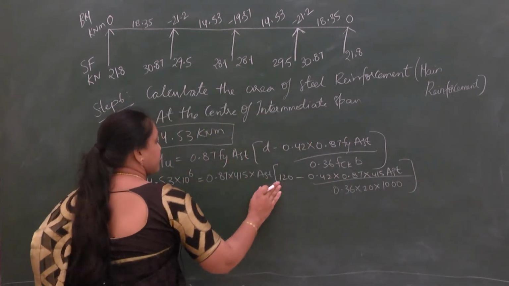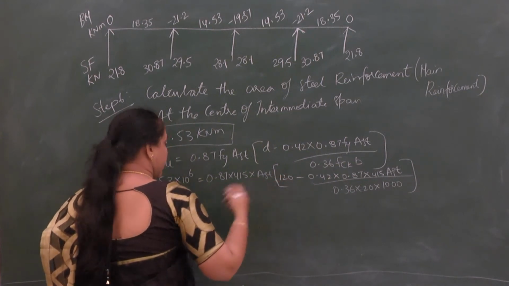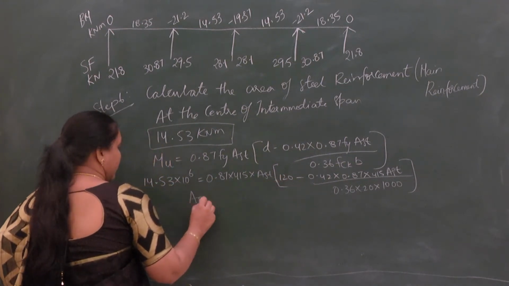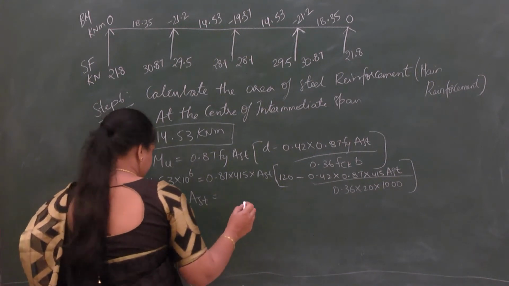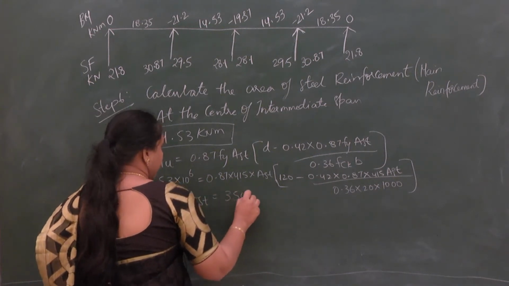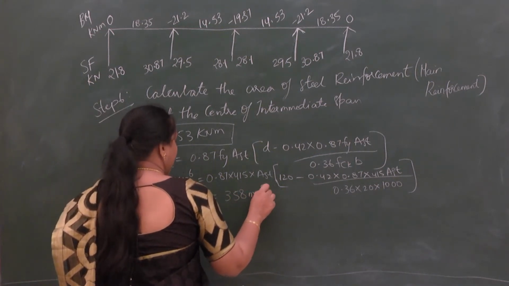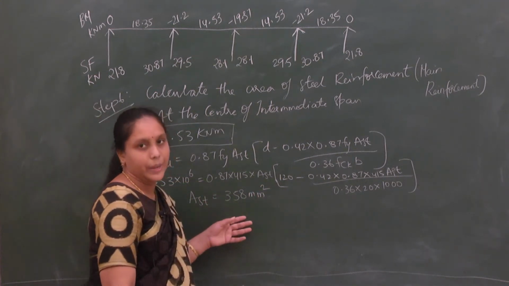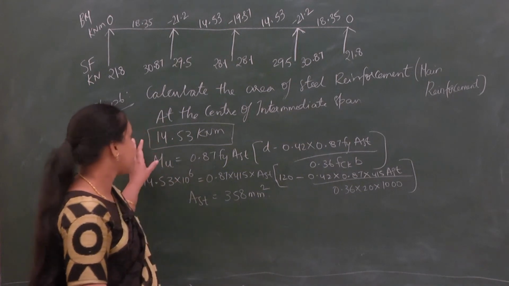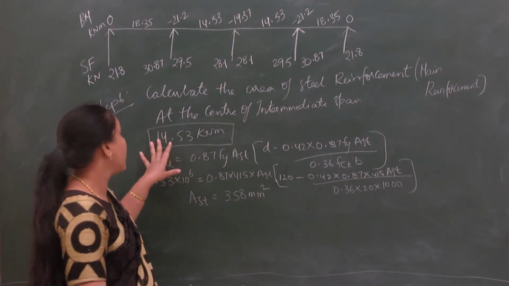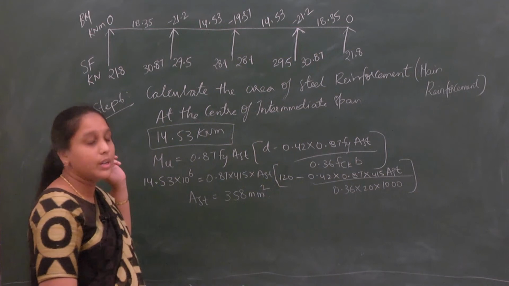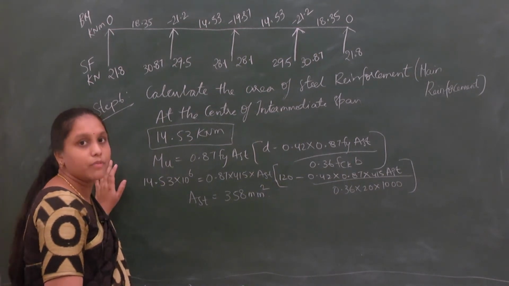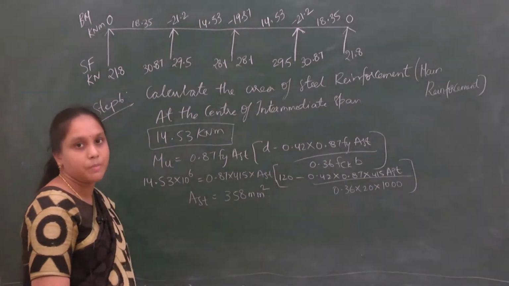Now if you solve this, you will get a value of area of steel AST as 358 mm square. So this is the required AST for carrying this particular bending moment 14.53 kilonewton meter, which is at the center of the intermediate span.